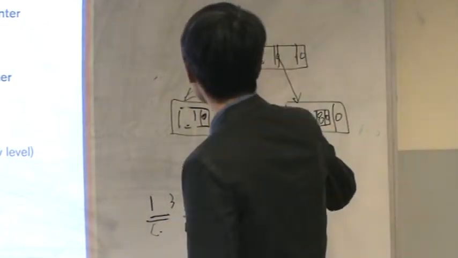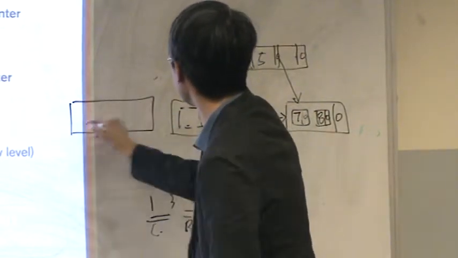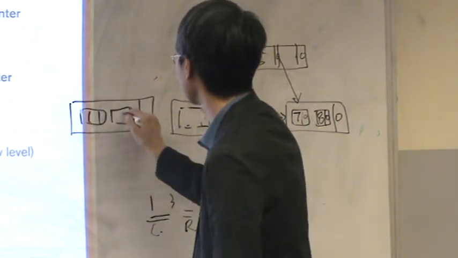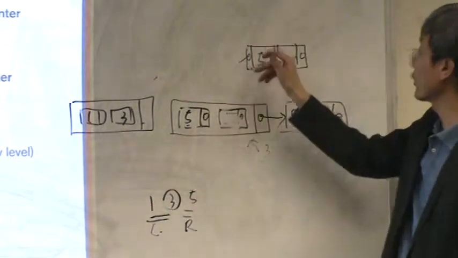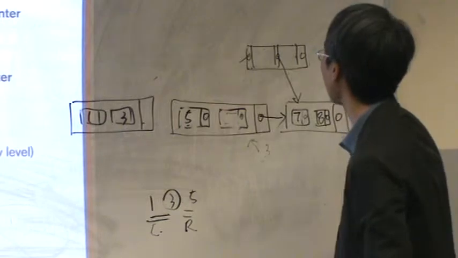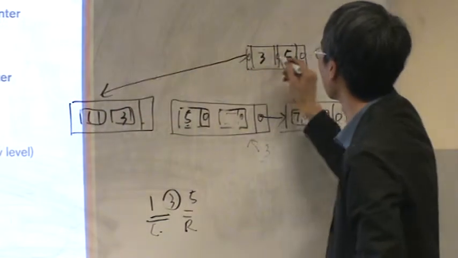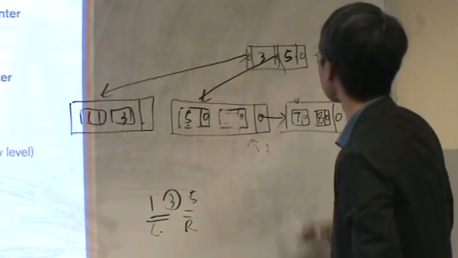Okay, so we can split into 2. So the leaf node 1 and 3, and this is the 5. The middle value will be used for the split, to classify 3 and 5. So it goes to here, and it goes to here, and this one goes to here.